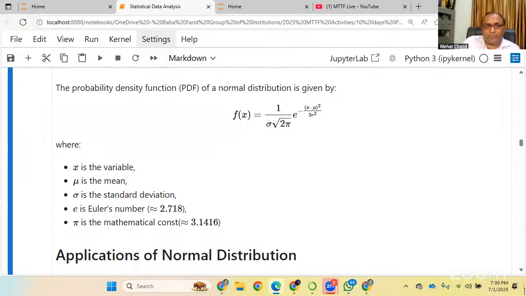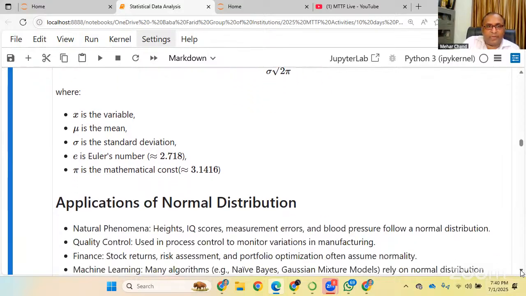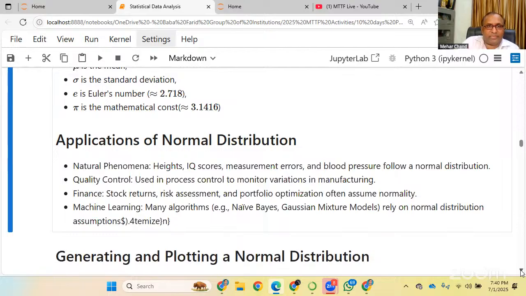So what are the applications of the normal distribution? We can find various applications. Natural phenomena like height, IQ score, measurement error, and blood pressure follow a normal distribution. Then in quality control, it is used in process control to monitor variations in manufacturing companies.